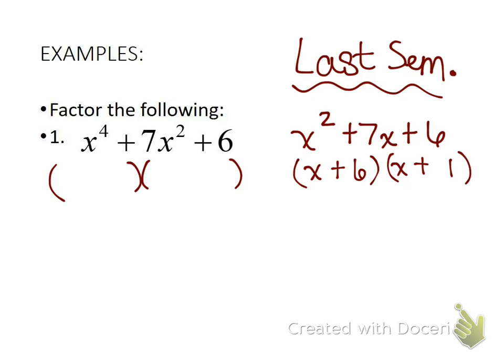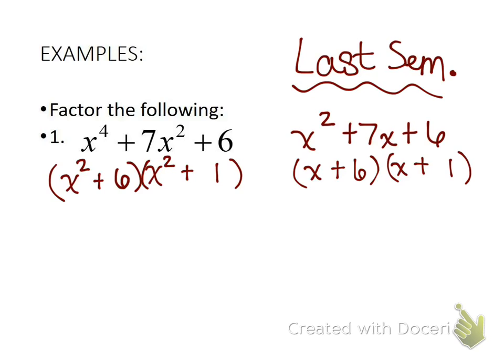X squared and x squared. If I use an x squared on both of these, they would multiply to x to the 4th. What about my numbers in the back? 6 and 1. Just 6 and 1.